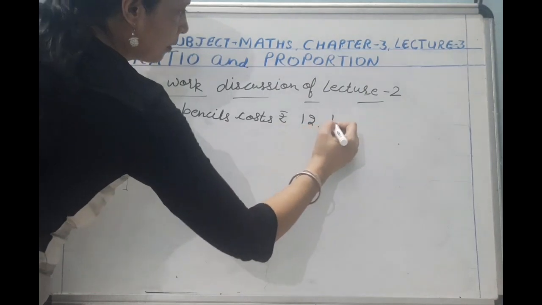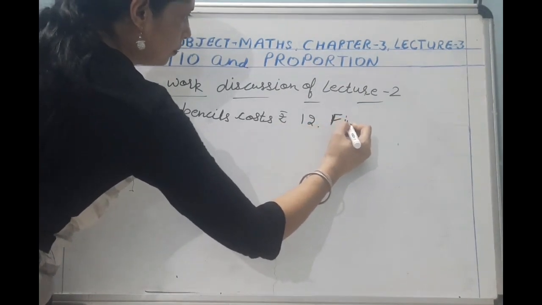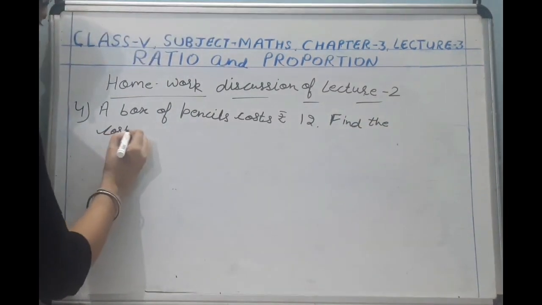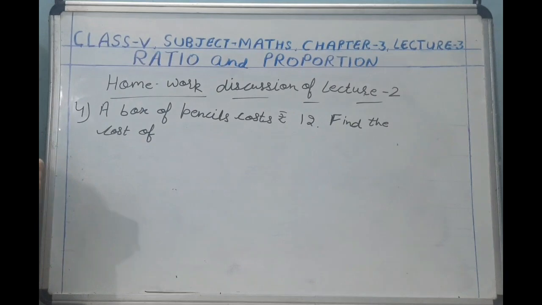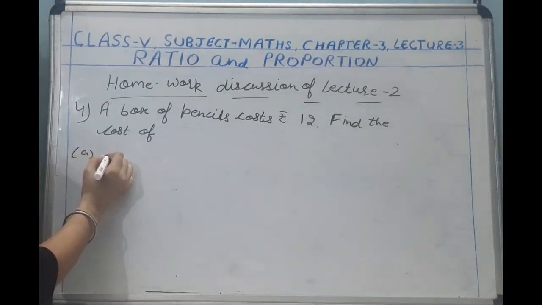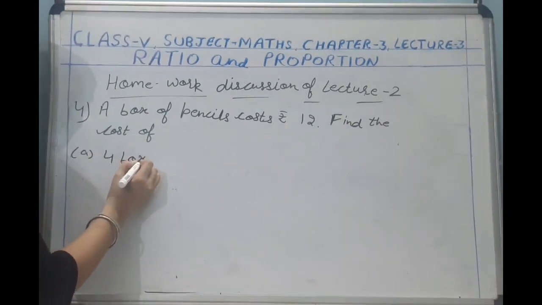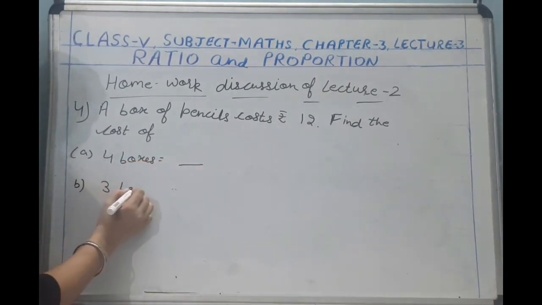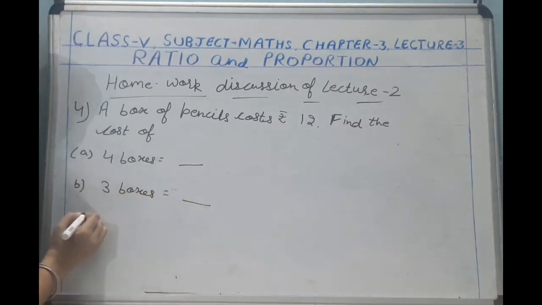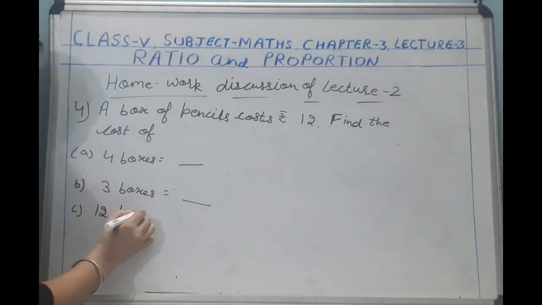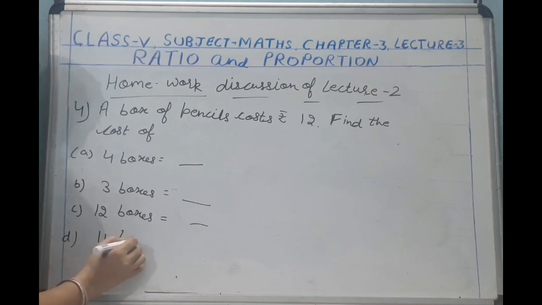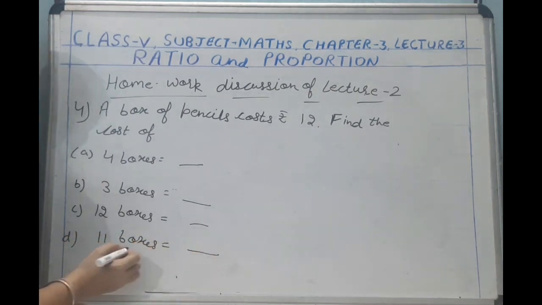Find the cost of: 4 boxes is equal to dash, 3 boxes is equal to dash, 12 boxes is equal to dash, 11 boxes is equal to dash, and then 9 boxes.